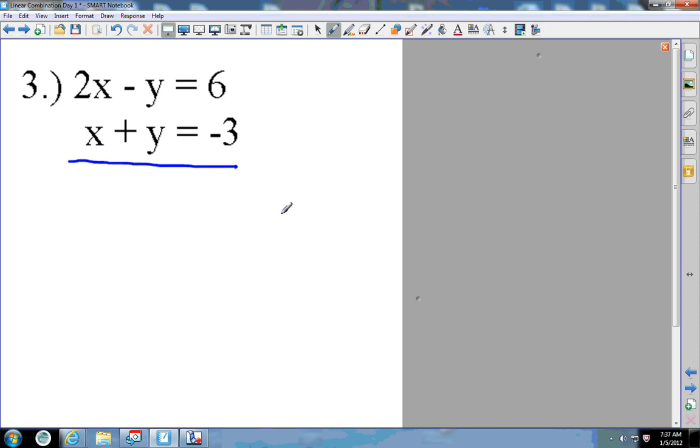Now when I go to combine, how many x's do I have? How did you get 3? Yeah, it's 2x and 1x. So I have 3x. What happens to my y's? They cancel out.